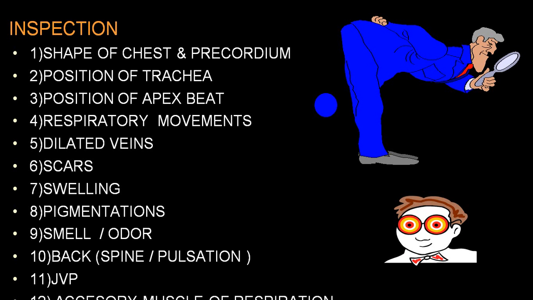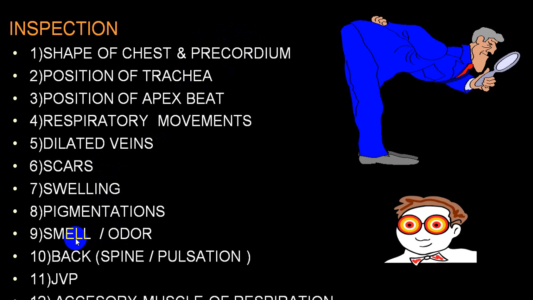Now what you do in inspection, we look at all these things. We are mentioning and then we'll be going one by one. Shape of the chest and shape of the precordium. Precordium is paid more attention when you are looking at the cardiovascular system. Position of trachea, position of apical impulse, respiratory movement, dilated veins, scar, any swelling, pigmentation, any smell or odor.